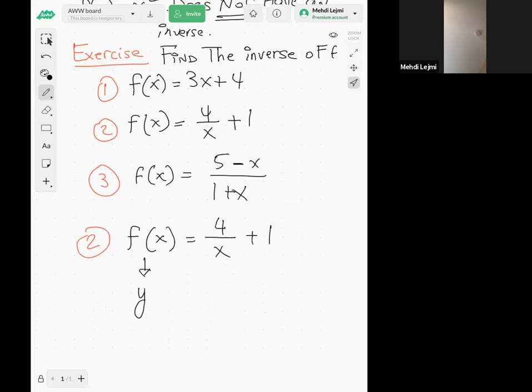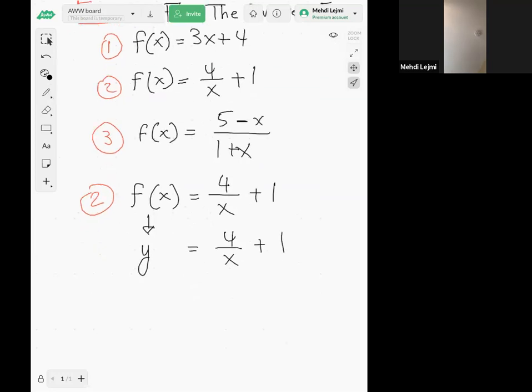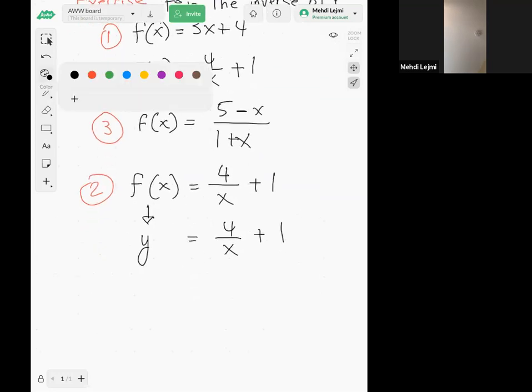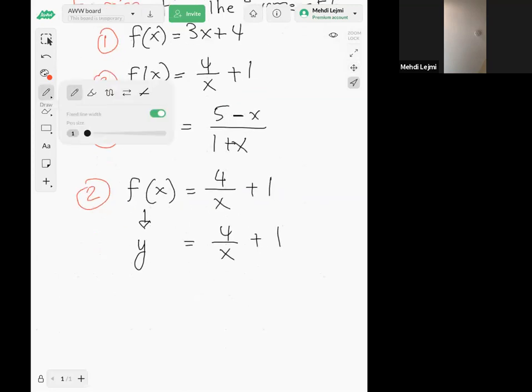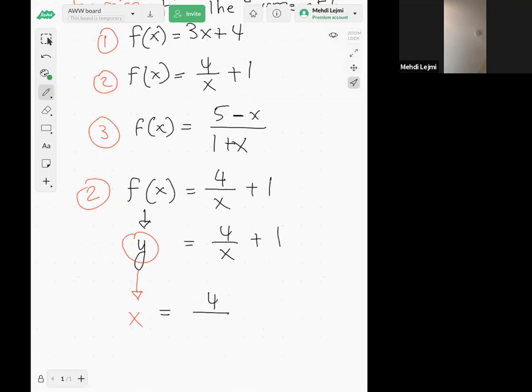So here's my y, and this is 4 over x plus 1. Then we interchange x and y. So this y becomes x, that's equal to 4 over, and this x becomes y, and then we have plus 1.